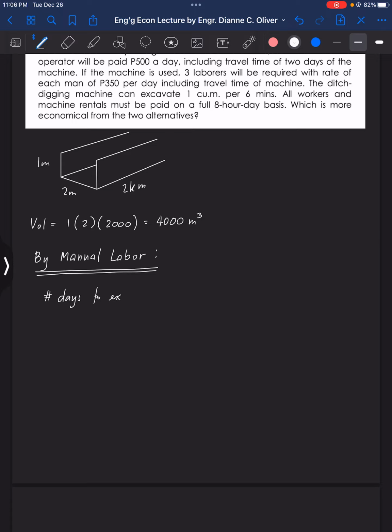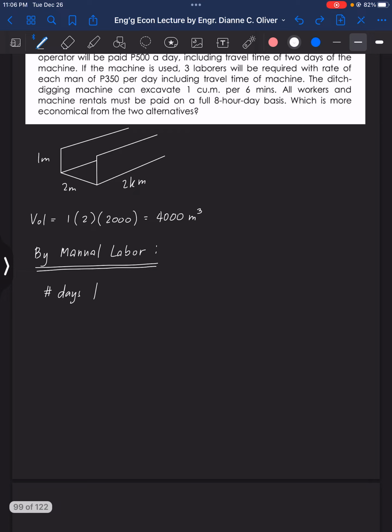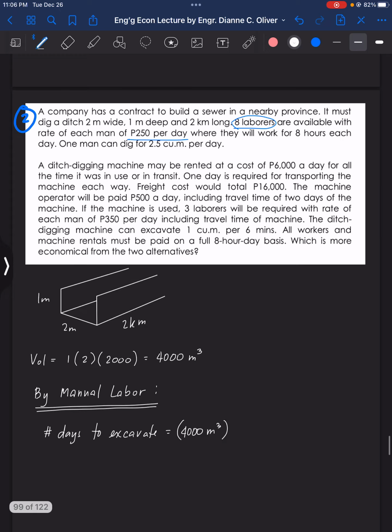So let's compute the number of days to excavate first. That is equal to the 4,000 cubic meter requirement multiplied with the capacity.